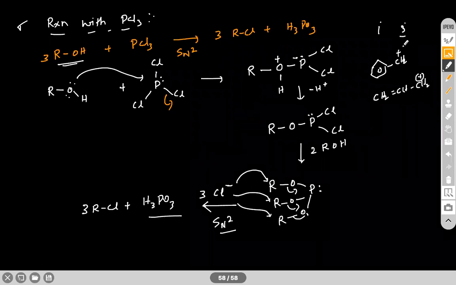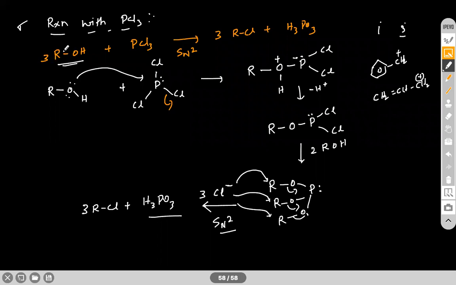So 1 degree, 3 degree is fine, but the main objective is that if the possibility of forming a stable carbocation is there, then the mechanism will be SN1, provided that other conditions are there, like the nucleophile must be weaker, and the solvent. But here you don't have to think about this.